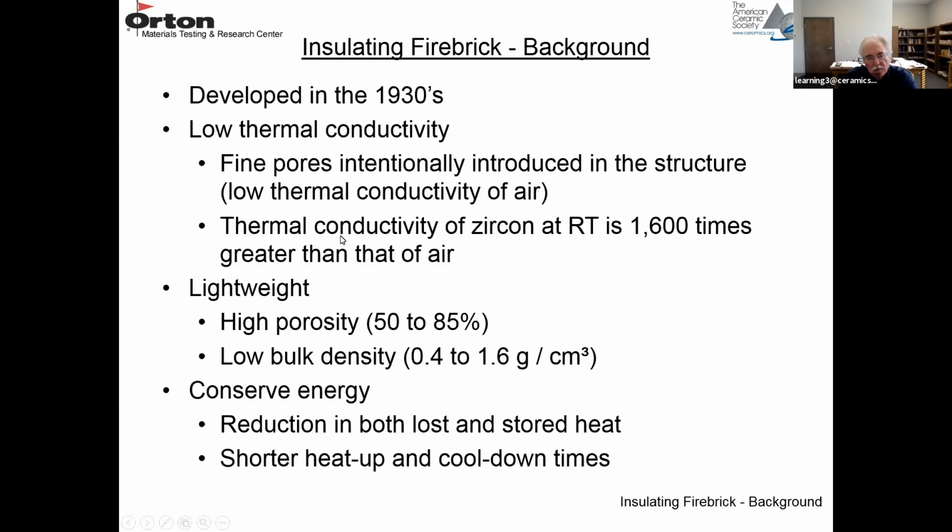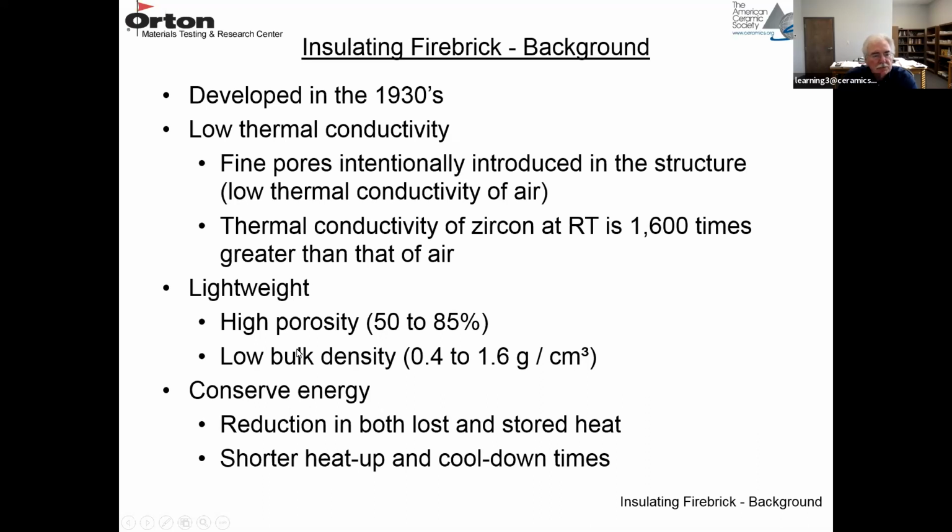So for example, the thermal conductivity of a zircon refractory at room temperature is 1,600 times greater than that of air. So if you introduce a lot of fine pores into the microstructure, you're going to decrease the thermal conductivity. And when we looked at the equations under properties for radiation, photon conductivity, that equation had the pore size in it, and the smaller the pore size, the lower the conductivity.